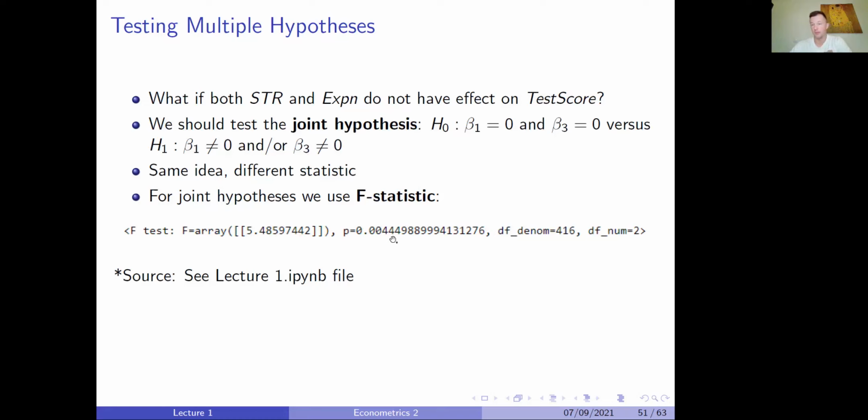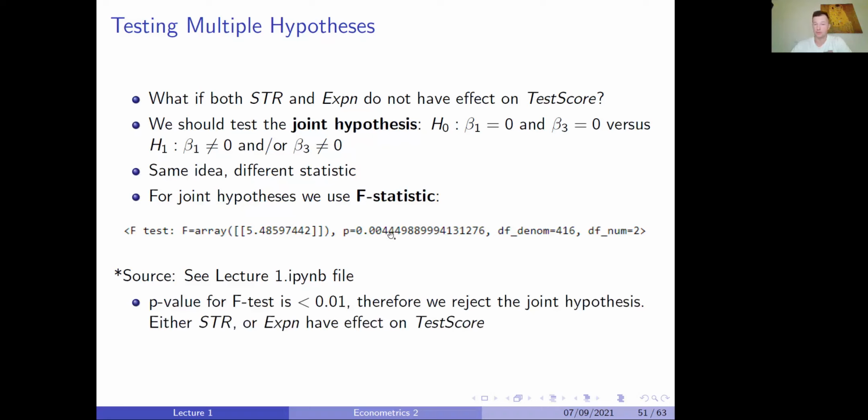So based on the p-value, we are able to either reject null hypothesis or not reject null hypothesis. So since p-value is very small, it's less than 1%, we reject the joint null hypothesis, and either STR or expenditures have effect on test score, or both of them. But they are not both 0.